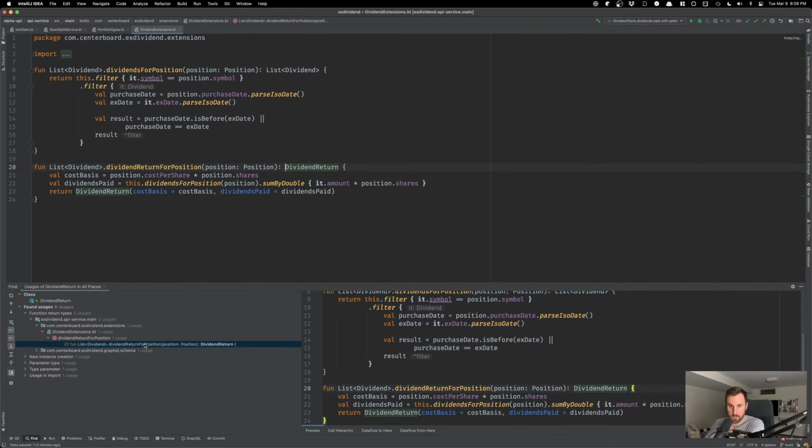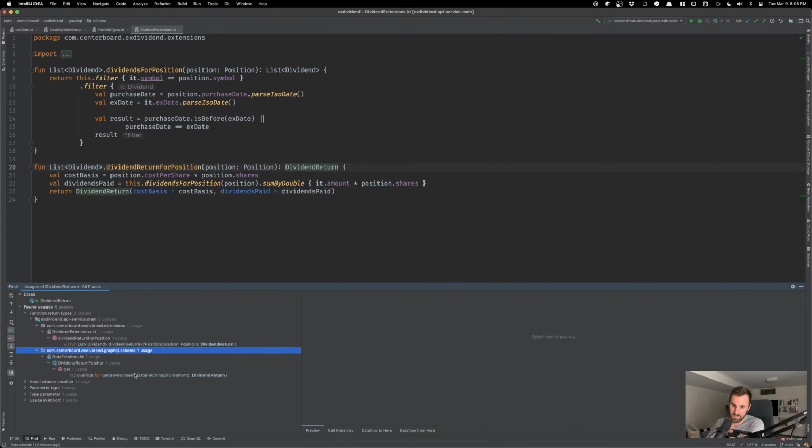Oh, we actually have a naive version of this in here already, based on a list of dividends. Okay. That's the cost basis. Interesting. I actually did it in reverse. That's kind of funny.